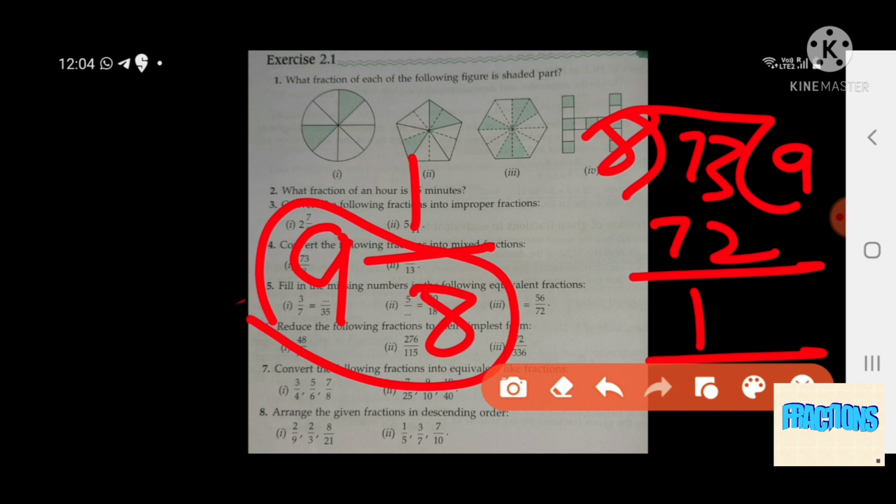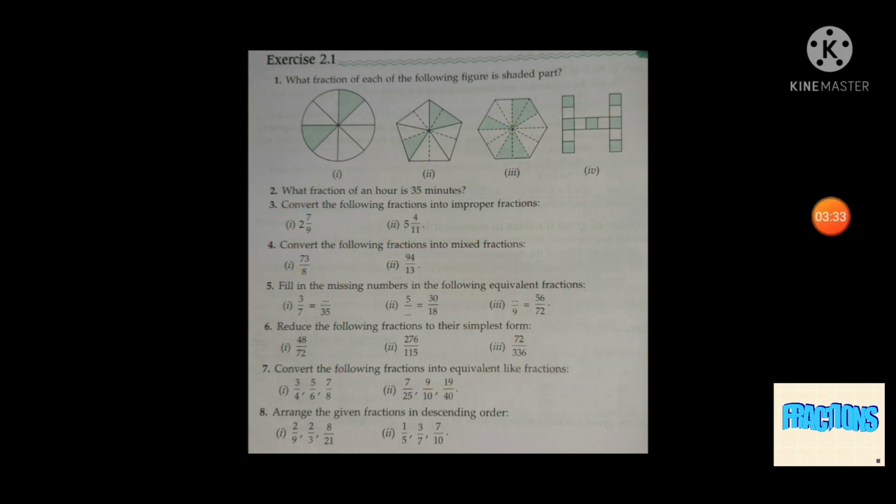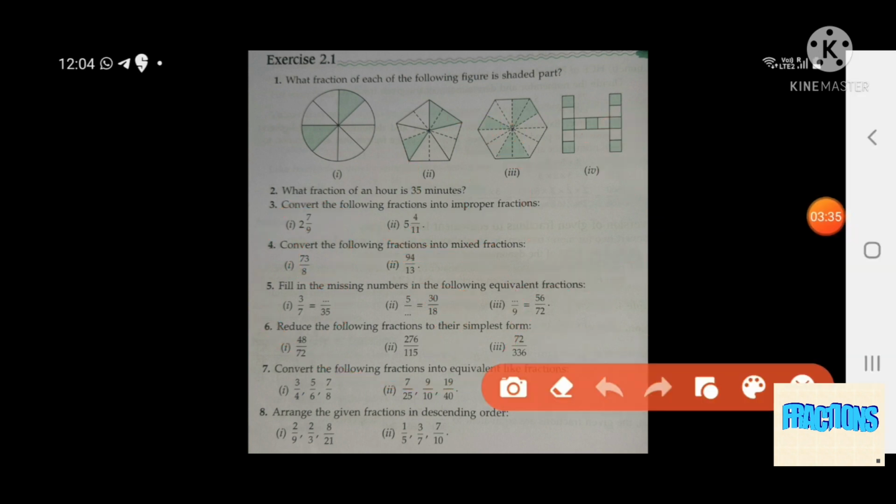We multiply it: the answer will be 72 plus 1 equals 73. So 73 upon 8. Now you know the answer. Let's do the second one. And now you have to do it by yourself.